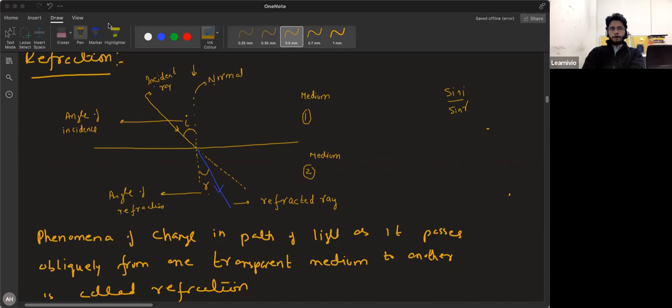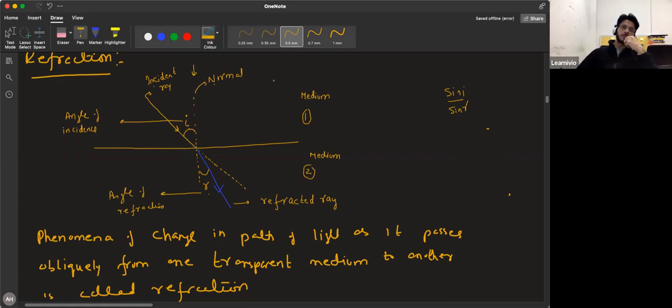If the medium remains the same, then Snell's law says sine I by sine R is constant.